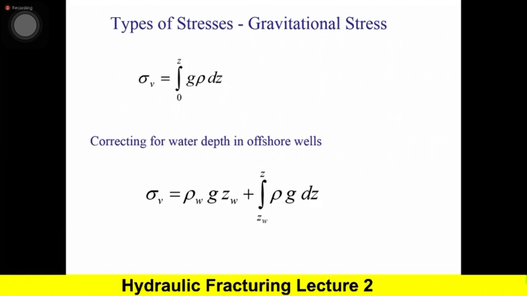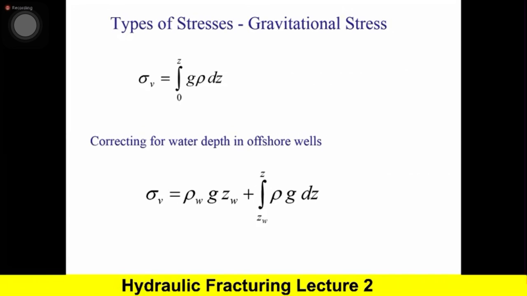If you do not know the value, most people will ask, what is the specific gravity of sandstone? If you multiply the specific gravity by 0.433, you get your gradient. That gradient for sandstone is about 1 to 1.1 psi per foot.